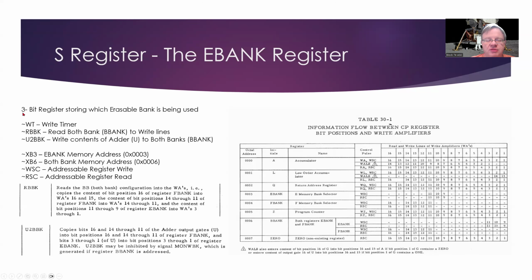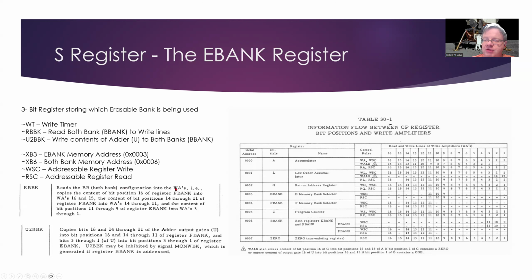It is a 3-bit register, so we can have up to 8 different erasable banks. And there are a number of control signals that are used to write data in and out of the EBANK. First, there is the RBBK instruction, which reads the BB or both bank configuration onto the write lines.